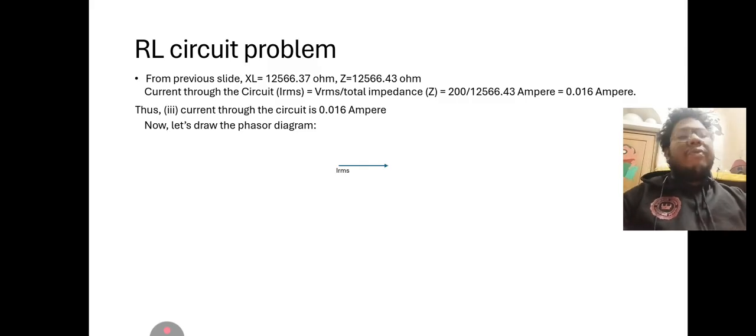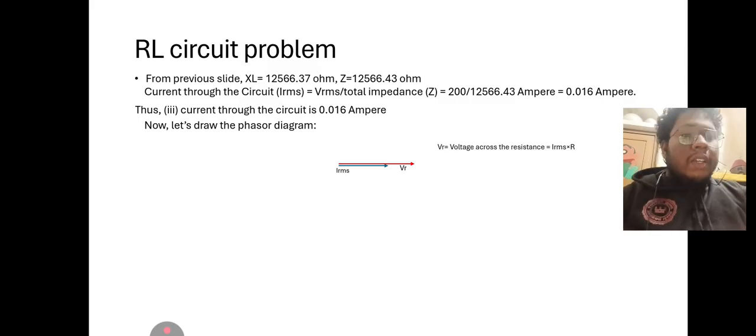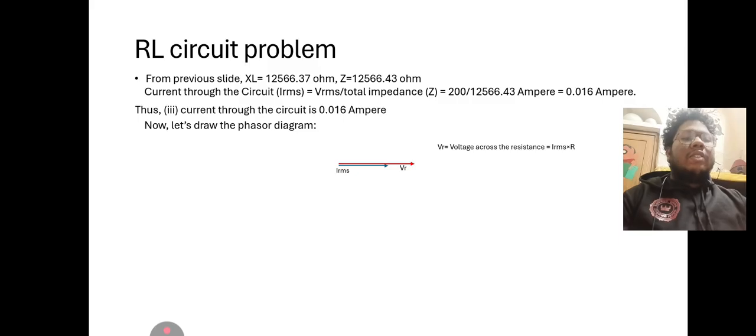So it lies in the same phase, so it will be along the x-axis as well. Here VR, the voltage across the resistor, is along the x-axis and is denoted by VR. The formula for finding that is IRMS into R. So that's halfway there.